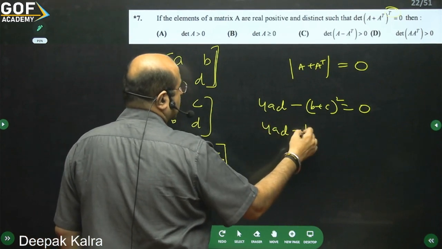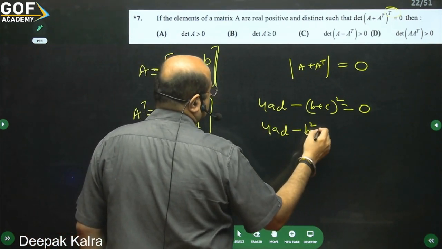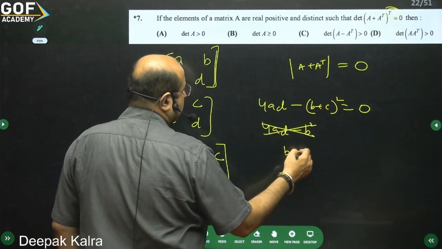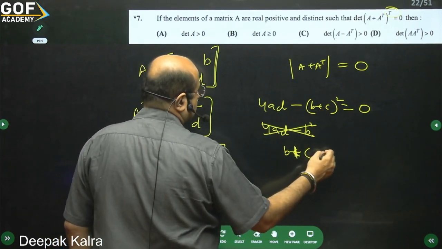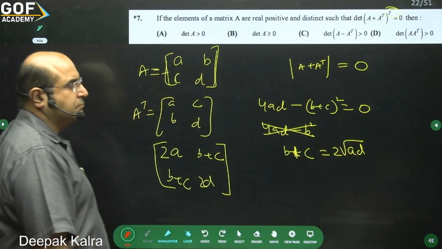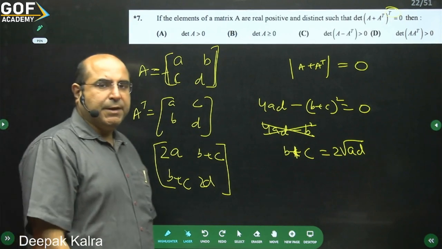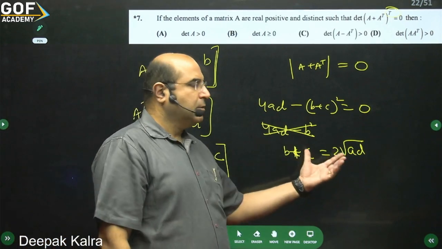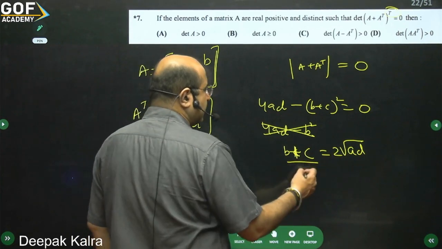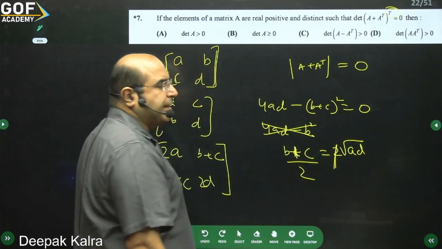4AD minus B square, or write it B plus C equal to 2 root AD. Am I right? B plus C is equal to 2 root AD, or B plus C over 2 is root AD.